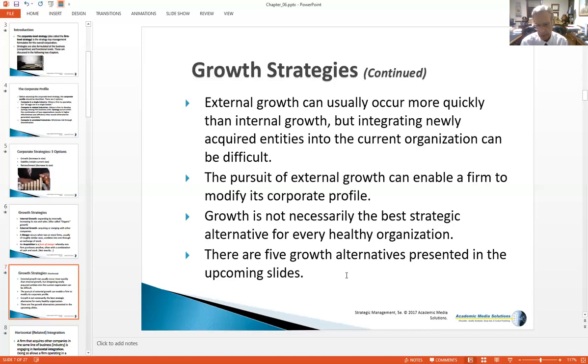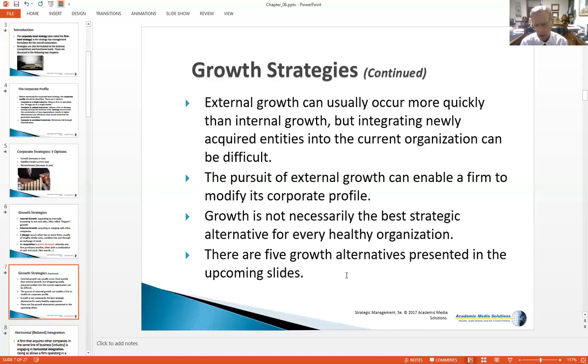Having done an acquisition or a merger, it certainly is likely that the corporate profile, that is the structure of the enterprise, is going to change substantially. You're going to have a different kind of company.